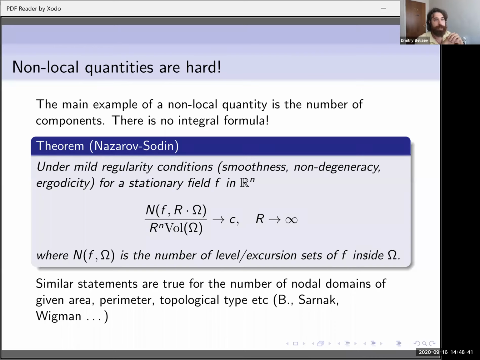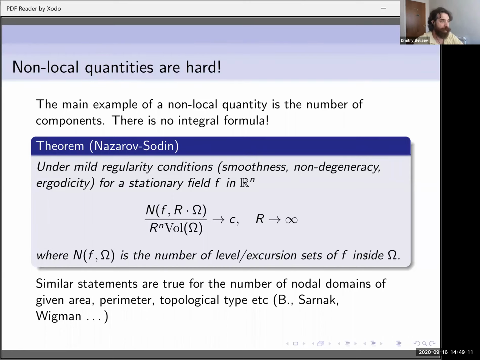A typical example of a non-local quantity is, for example, the number of connected components. So for example, if you know that your field is, say, positive here and positive here, then you don't know whether they're in the same connected component or not. So we lose our standard technical tool.